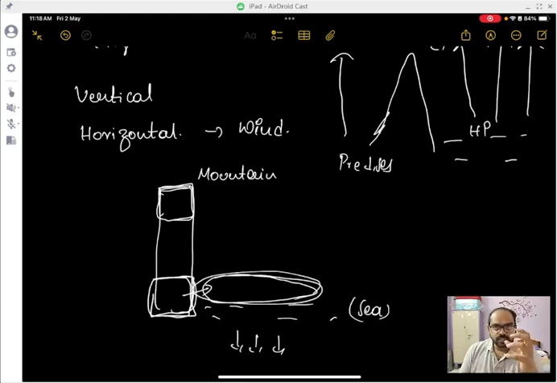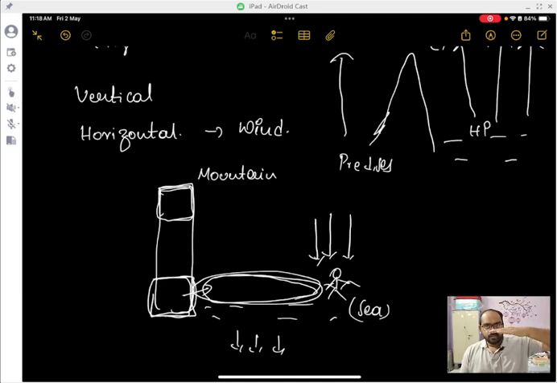High pressure observed here means if a man is standing here, as gravitational force attracts the air towards the surface of the earth from upper layers, he experiences more pressure of air falling on him.